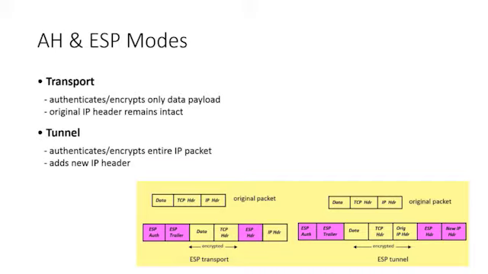Tunnel mode, on the other hand, authenticates and encrypts the entire IP packet. This actually adds in a new header. Having that new header, now we have a tunneling situation, a tunnel, if you will. Think about tunneling for a second. If we have a tunnel, everybody sees the tunnel on the internet.